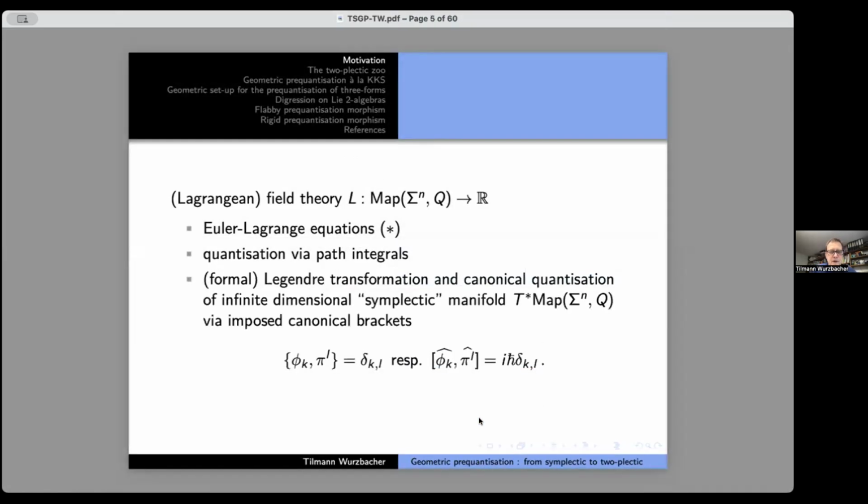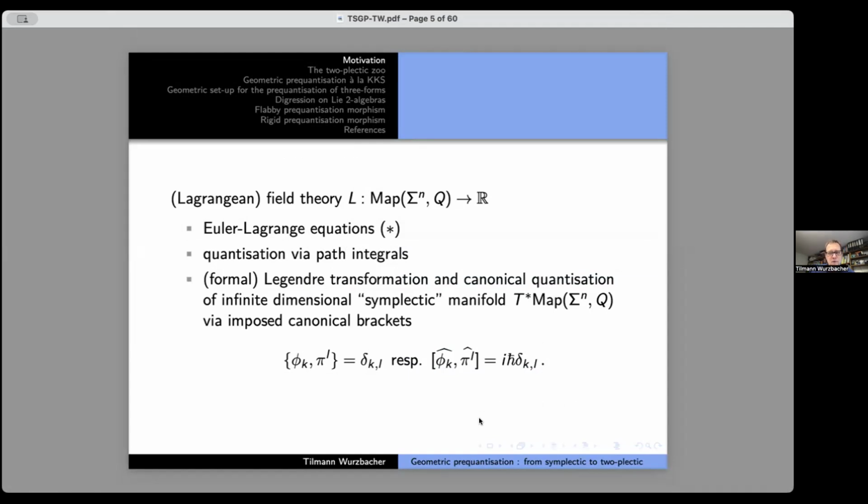And another approach you find in physics books is you go from a Lagrangian description via a formal Legendre transformation to a Hamiltonian description, but in infinite dimension on the cotangent bundle of this mapping space.